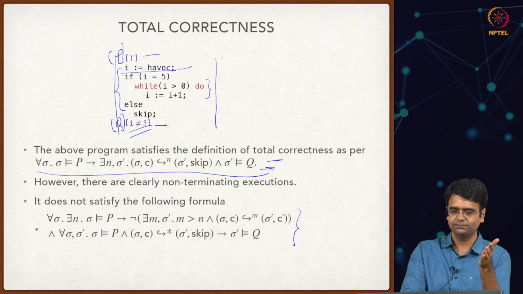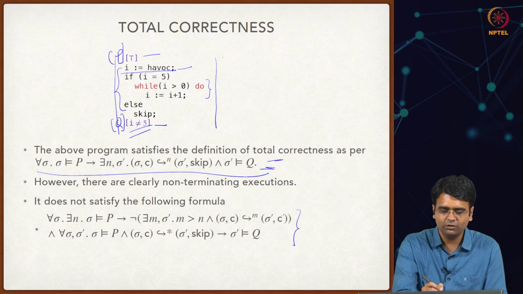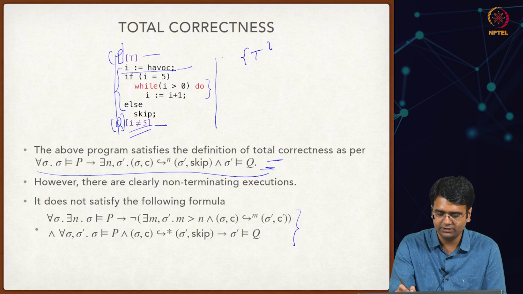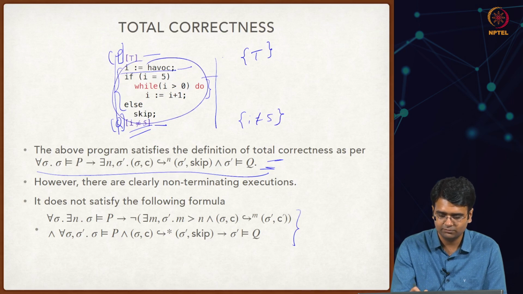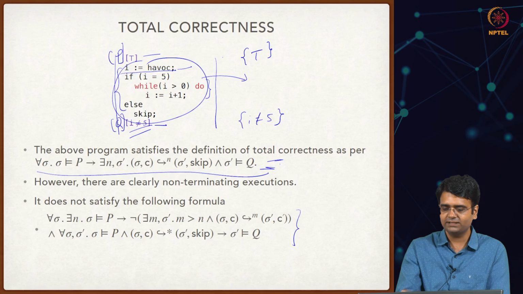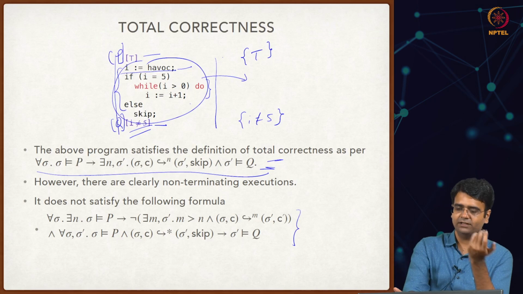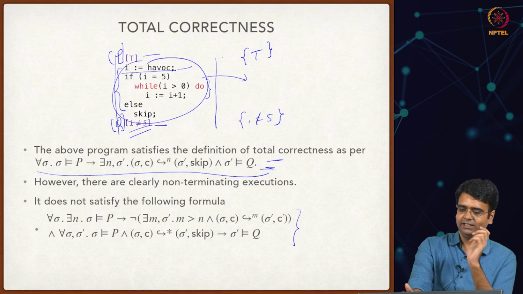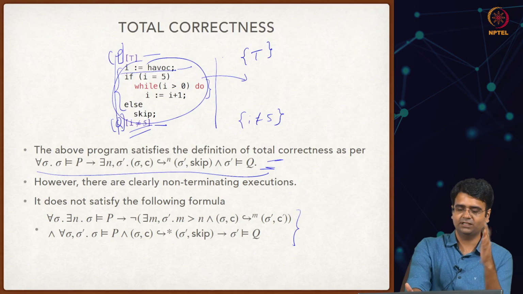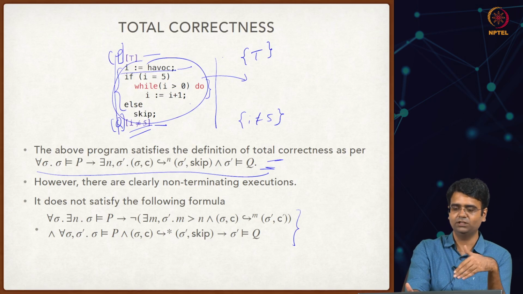If you were to replace total correctness with partial correctness, using curly brackets instead of square brackets with the same program, does this program now satisfy the partial correctness criteria? Indeed it does, because partial correctness only says that when the program terminates, it should terminate in a state which satisfies the postcondition.